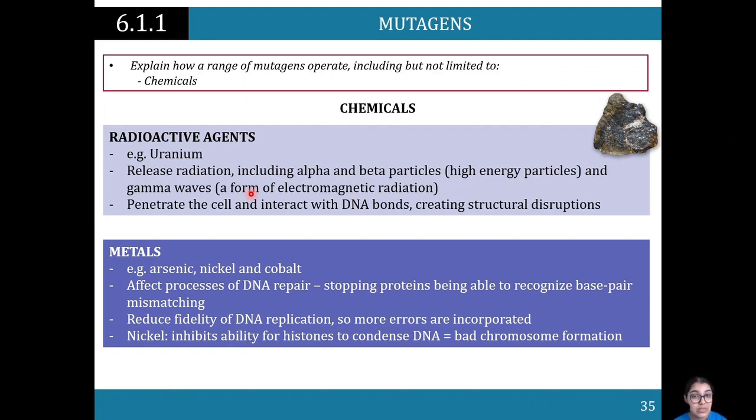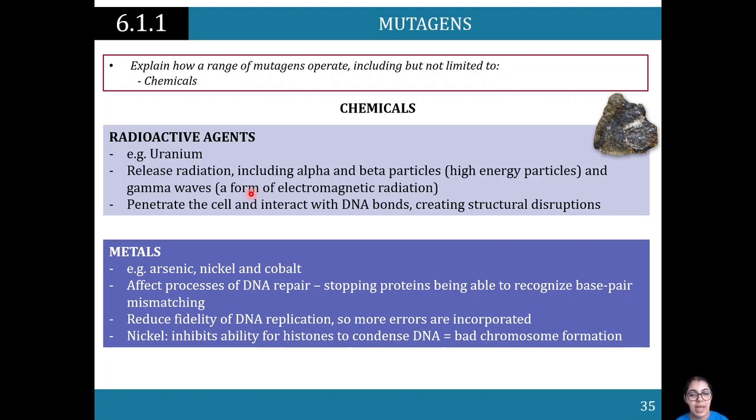In terms of metals, the mutagens include arsenic, nickel, and cobalt, and being exposed to them for a long amount of time can affect the integrity of the DNA repair system. We have our own inherent repair system that fixes as many mutations as possible.